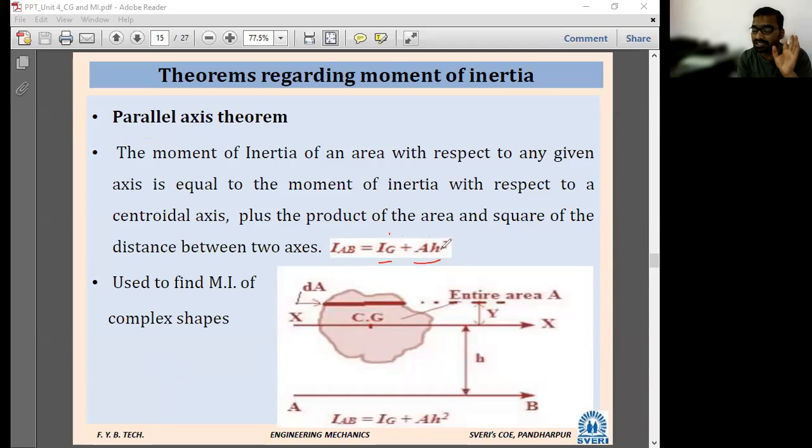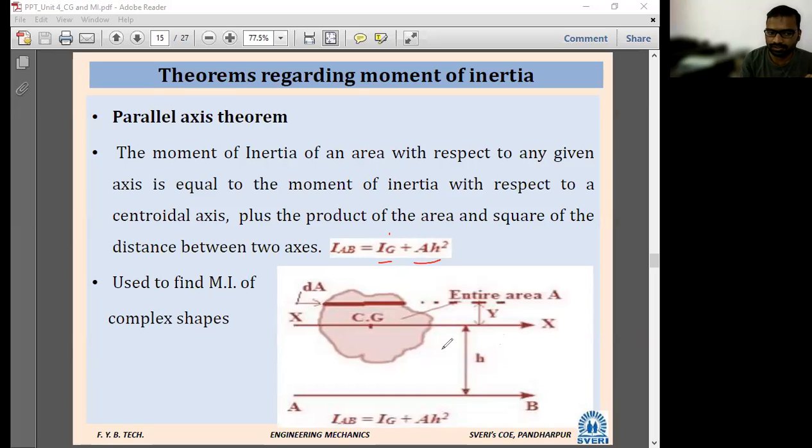H is the distance between the CG of that plane and the axis about which you want to calculate. I want to calculate about AB, that's why it is H. Exactly, H is the distance between the two parallel axes.